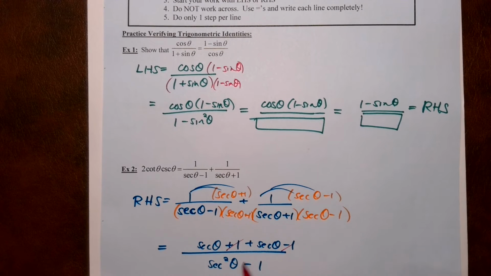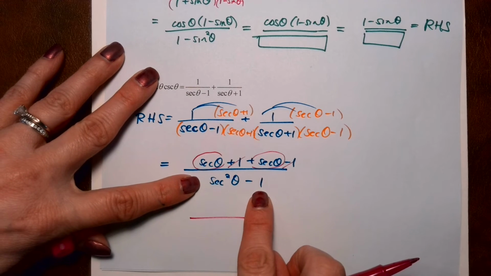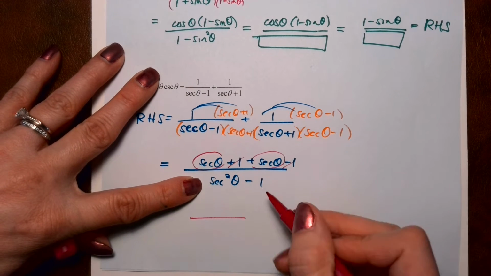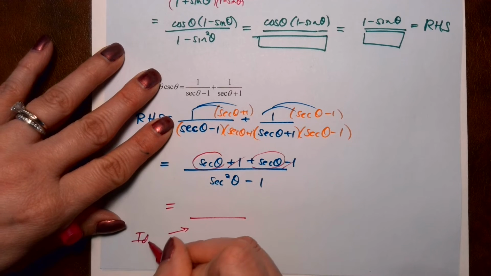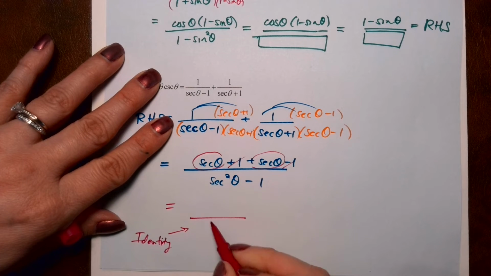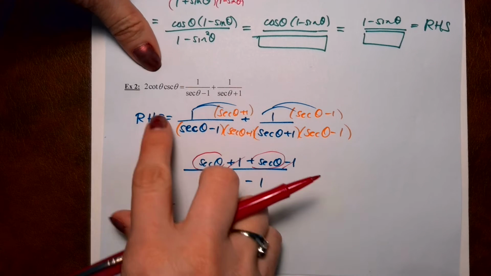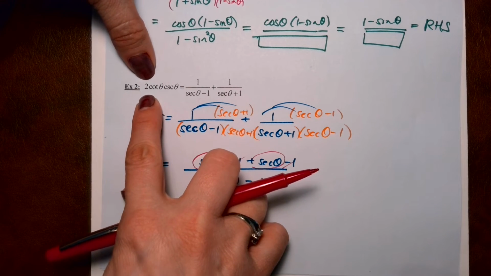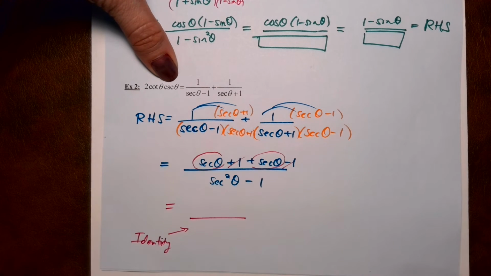Okay, so in the numerator, we're going to have a secant plus a secant. Okay, so what does that make? In the denominator, oh, that's a squared. Okay, so maybe we should think about using an identity right there. Let's see what you can do. Remember, we're trying to make 2 times cotangent times cosecant.